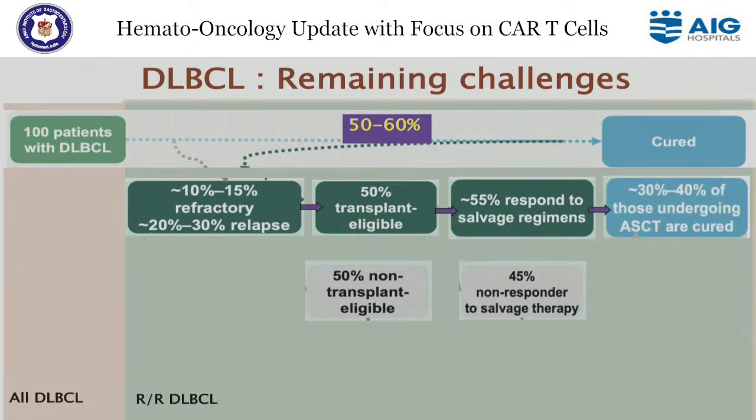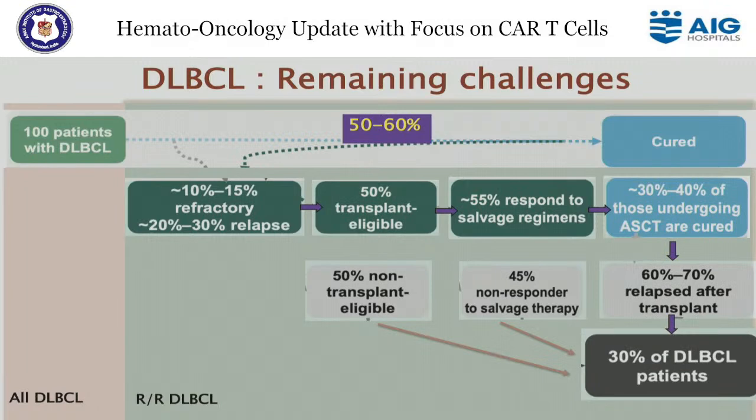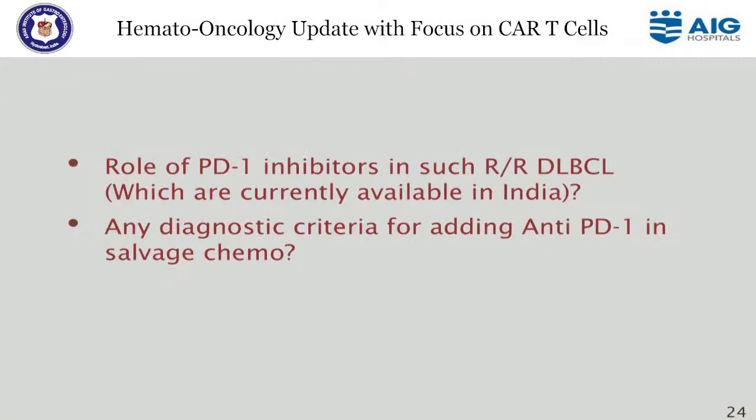So this is an unmet need even in our country. Overall, among relapsed or refractory patients, only 30 to 40% undergoing transplant are cured, and 60 to 70% who relapse after transplant, are non-transplant eligible, or are chemorefractory at the time of transplant. This is a total of 30% of the DLBCL chunk, and this is a real challenge.